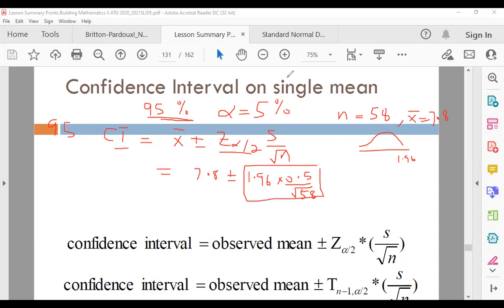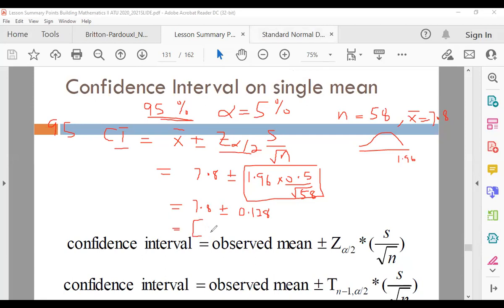When you do that, put it on the chart for me. Thank you. We have the answer to be 7.8 plus or minus 0.128. It's just a matter of subtracting this value and then adding this value.